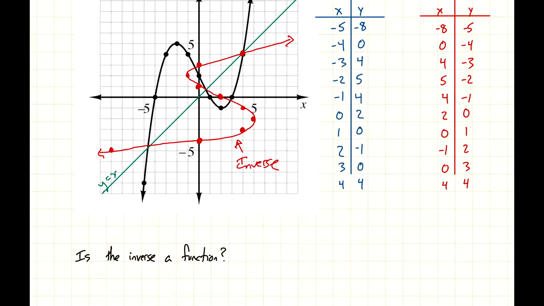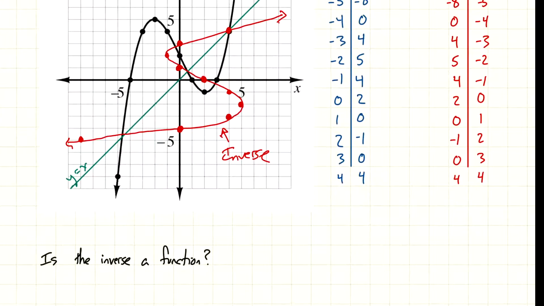All right. Let's see if you got this correct. The answer is no, it's not a function. For example, 4 gives me a -3, and 4 actually gives me a 4 at the same time.